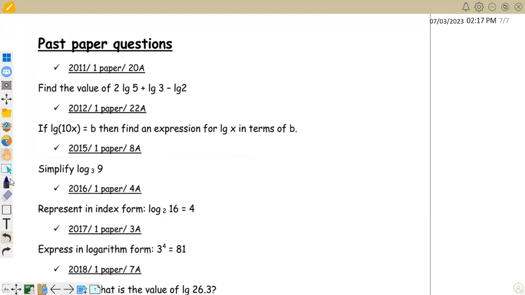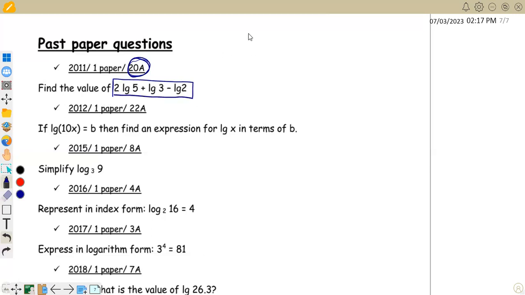Let's see the 2011 first paper, part A, 20th question. You have to find the value of this given expression.